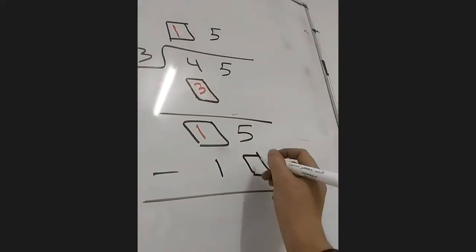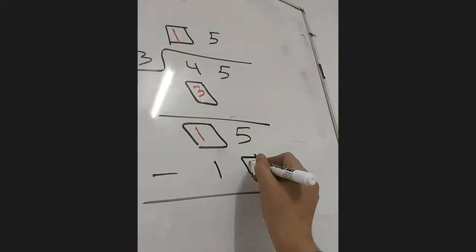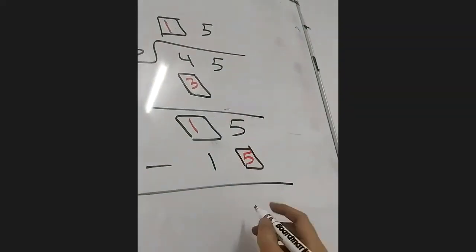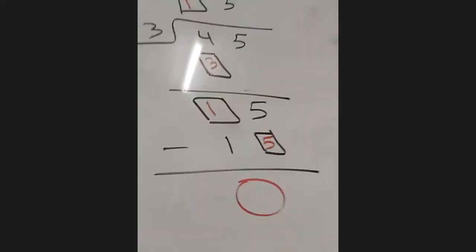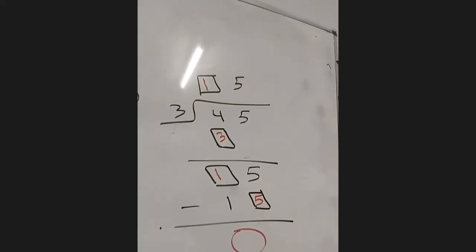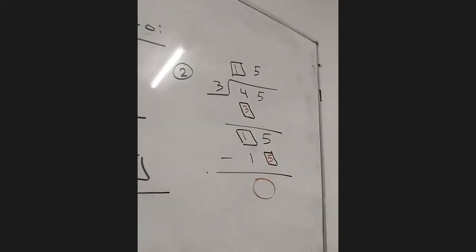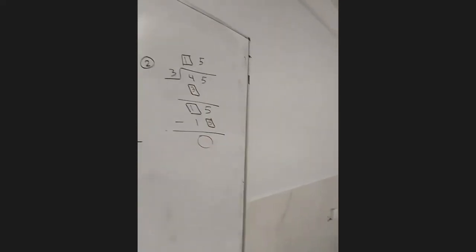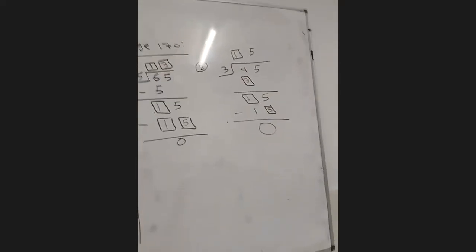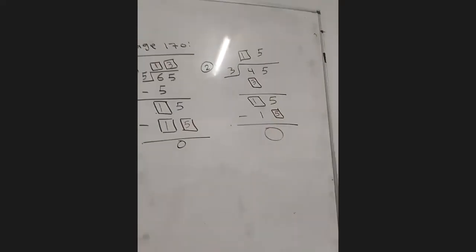So what will I write here? 5. Now 15 minus 15 is 0. So the answer up is 15. Excellent boy. This is question 2, guys.